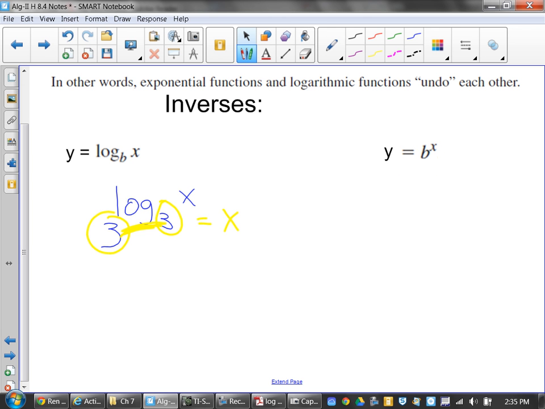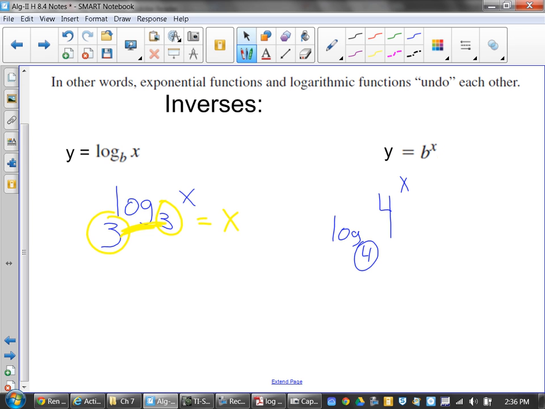Now, going the other way, if I have 4 to the x power, that's an exponential form, and I want to get that variable of the exponent to drop. Well, what's the base of that problem? 4. That means I have to log base it. So now I have the log base 4 of 4 to the x.